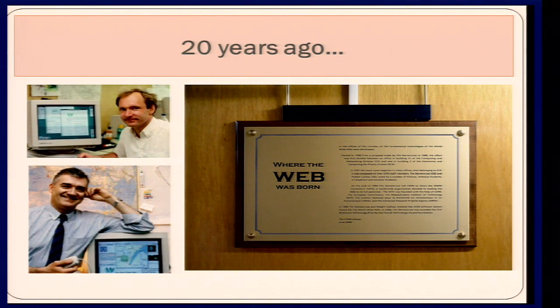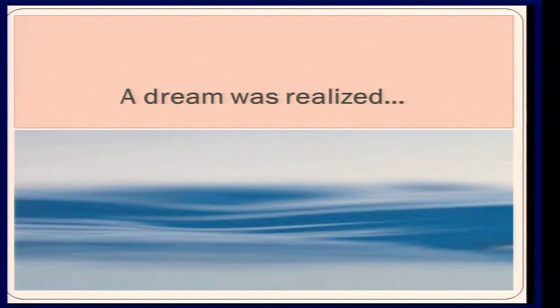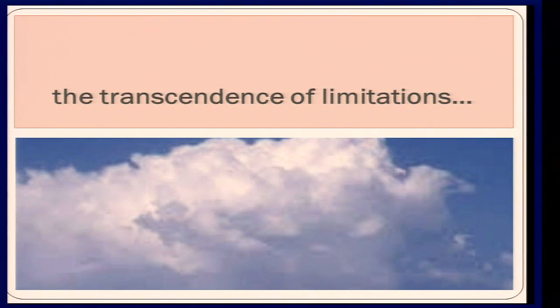and Tim Berners-Lee and his colleagues there at CERN, when they conceived of this notion of connectivity that would happen with the web, this is where a dream was realized. The transcendence of limitations.